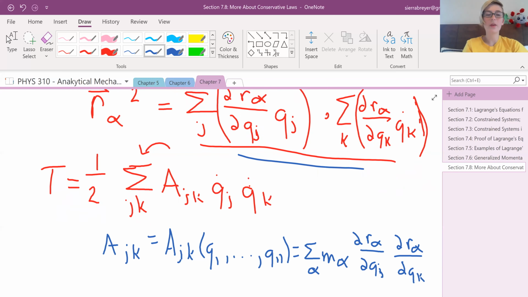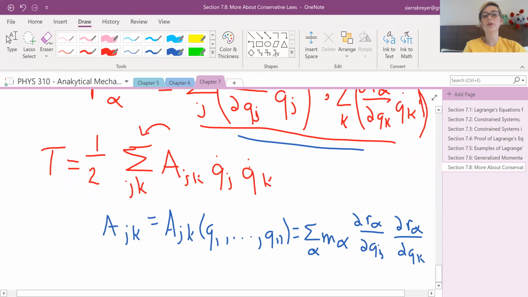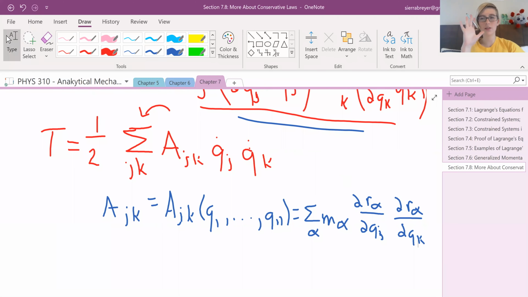So that's just more explicitly showing you what it is. It's some functional thing that just allows us to write it nicer.